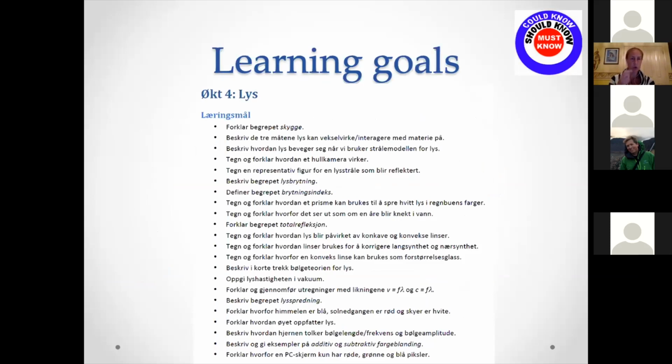Now recall that each session was 2 hours and 45 minutes. So these are the learning goals for almost 3 hours worth of old school lecture time. And notice how they're very specific, and they're also written in such a way that they indicate something the students need to be able to do or show.